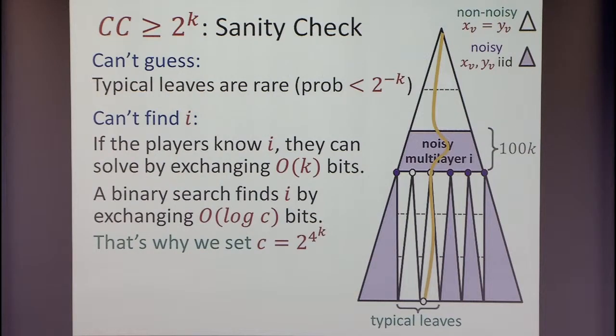And we also said that the key to solving is knowing multilayer I. If the players know multilayer I, they can just follow the path from, say, this point, and they can just communicate the information on multilayer I. The thing is, the tree is so deep that they can't find multilayer I efficiently, so they somehow need to give information on all the multilayers, and this is very wasteful.